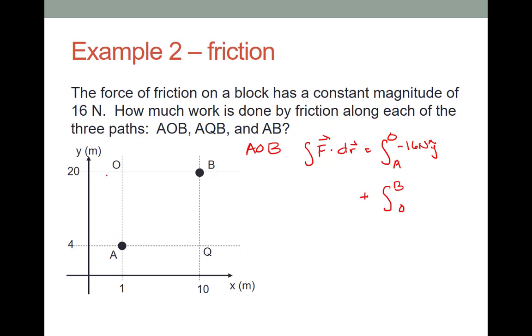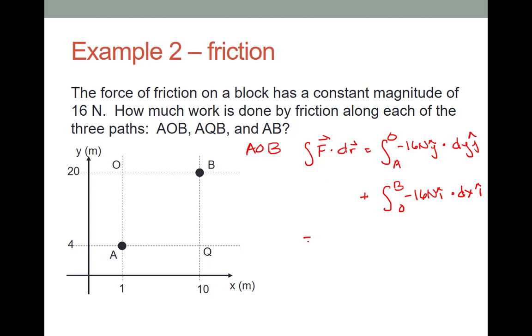Since our motion is in the positive y direction, the friction will point opposite that. dr in this case will be dy j hat. And from O to B, the force will be negative 16 newtons i hat dot dx i hat.